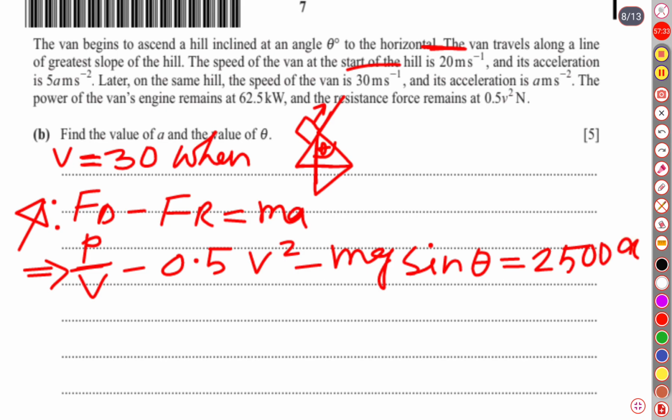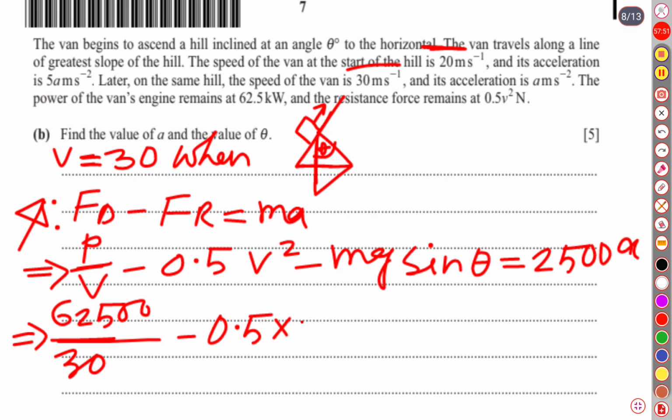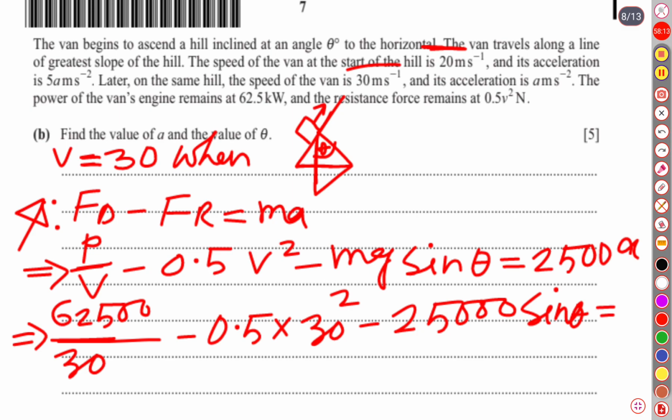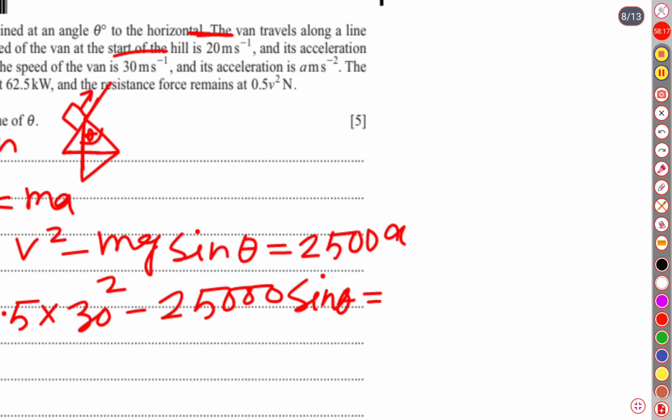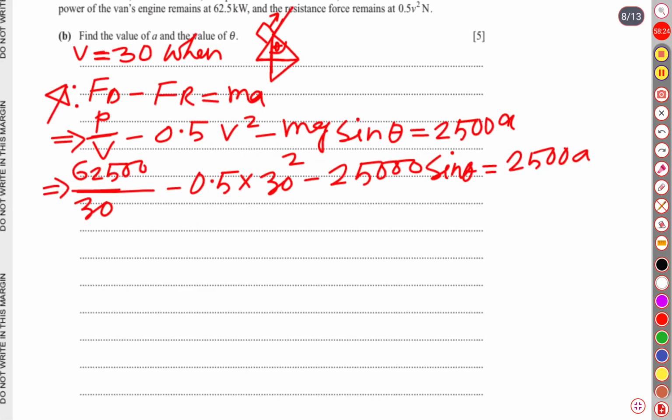Power is same, it was 62500 over velocity, which is 30, minus 0.5, velocity is 30 square into 30 square, minus mass of the car, which is 2500, multiplied by gravitational acceleration, that is 25,000, and sine theta is equal to 2500 a.